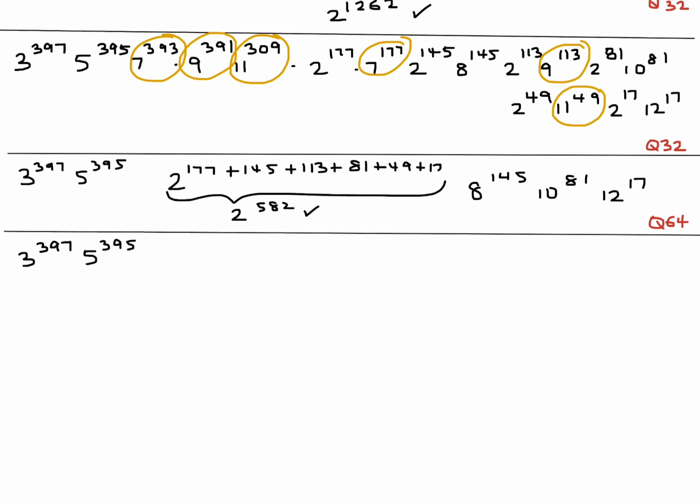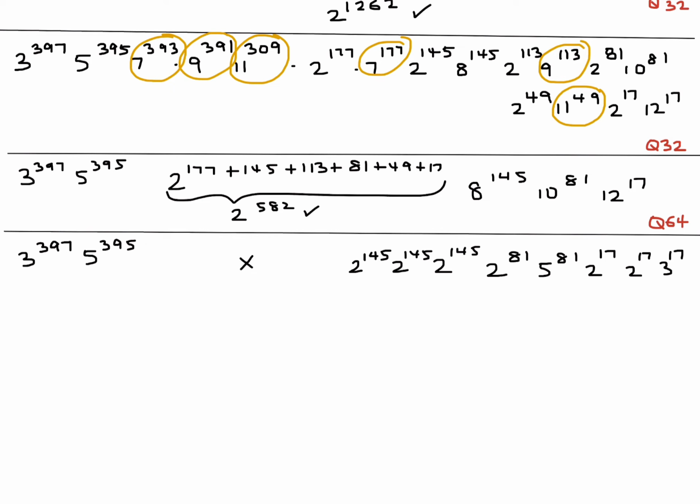Well, this looks like to me like 2 to the power of 145, 2 to the power of 145, and 2 to the power of 145, right? When you break up that 8 to the power of 145. The 10 can be broken up 2 to the power of 81, 5 to the power of 81, and that 12 is 2, 2, and 3. Exponents are 17, 17, and 17.